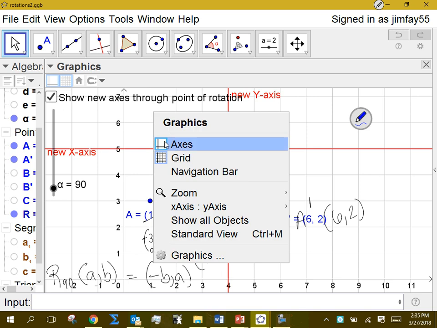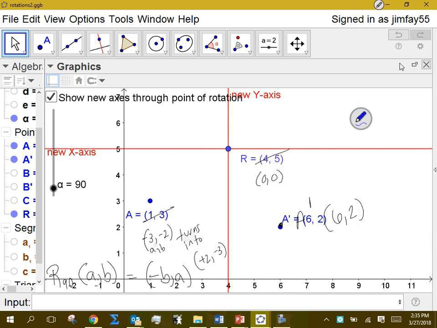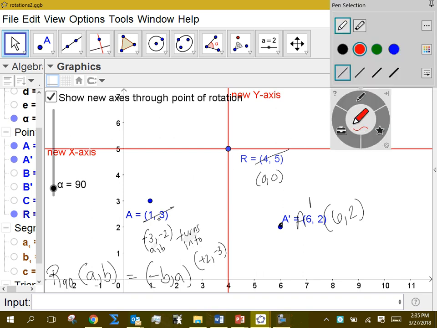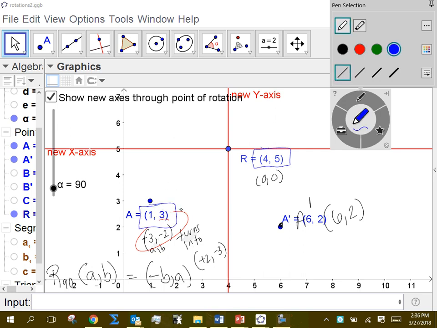And I'm going to get rid of the grid line here so we can write stuff a little bit easier. When I renamed this point as -3, -2, how could I have gotten that through the use of 4, 5 and 1, 3?